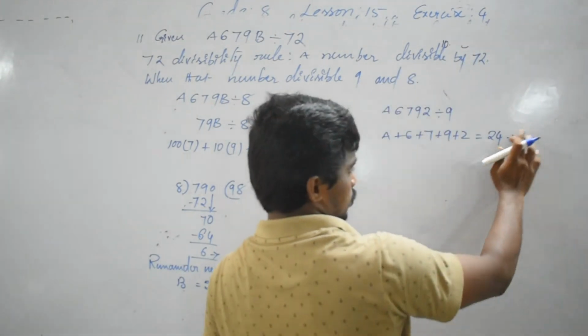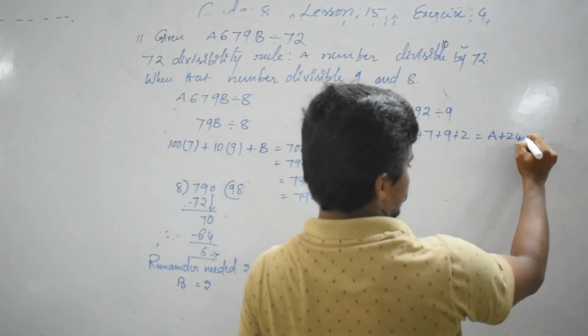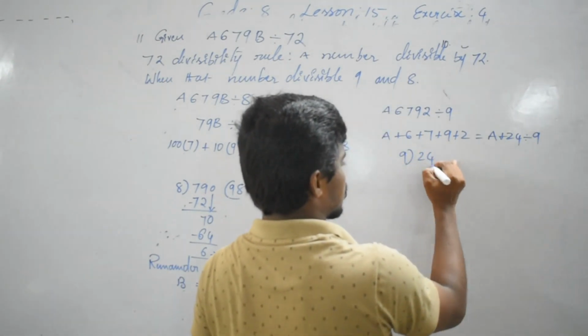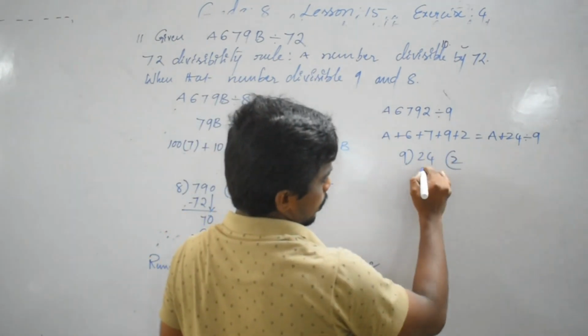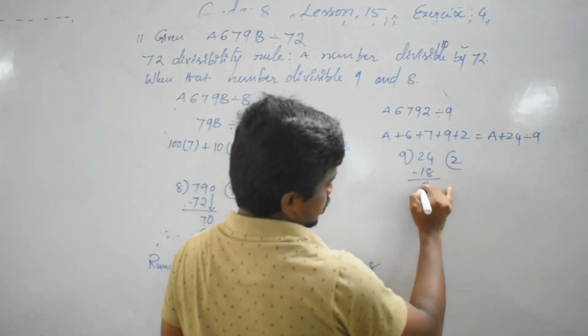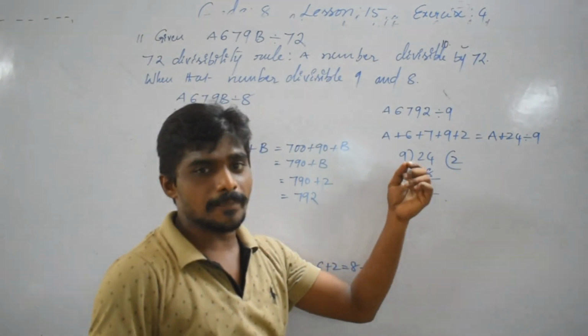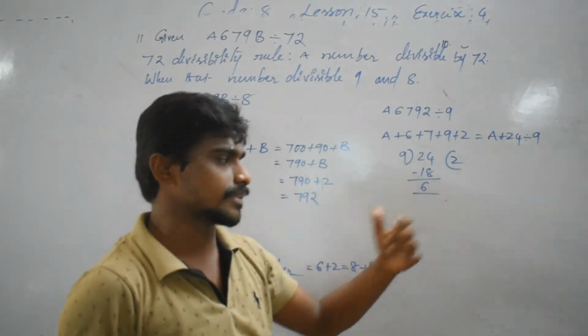So A plus 24 is divided by 9. 9 2s are 18, 9 3s are 27, so the remainder is 6. How many numbers are needed to be divisible by 9? 3 numbers needed.